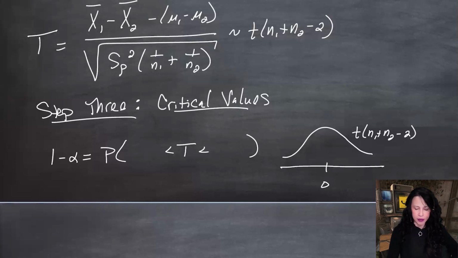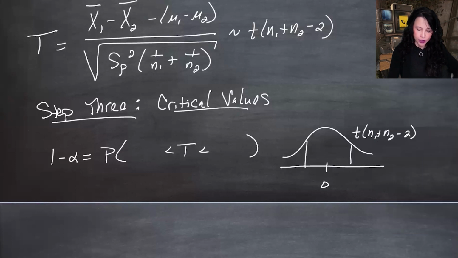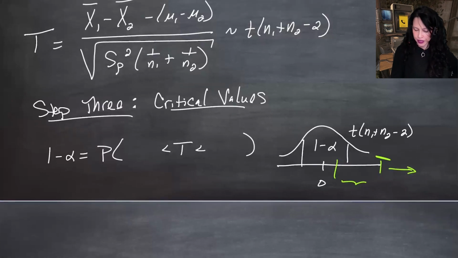And this is a symmetric curve centered at 0, so it makes the most sense for us to capture this area right in the middle in order to get the shortest confidence interval. You do not have to give me the shortest confidence interval in this class. It's not always going to be obvious, and so don't worry about it. But I think given what we talked about, it's pretty clear here, because if you try to go from here out, it's not going to be the same width because there's so little area out here. You're going to have to go out further to capture it.